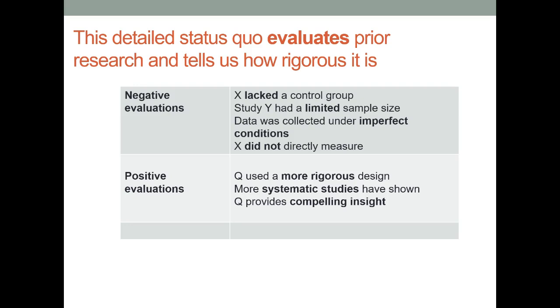There's also a fair amount of evaluation language in a literature review or background or related work section, where they critique some of this other research because they have to do that in order to show that there's a gap. Now, the most common problems with literature reviews are that they're just kind of a stack of studies, a data dump.